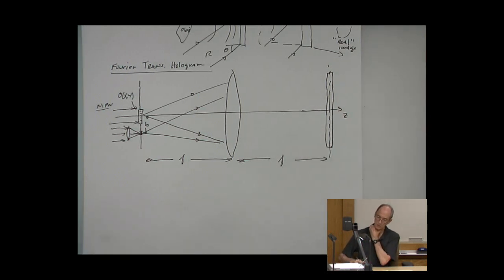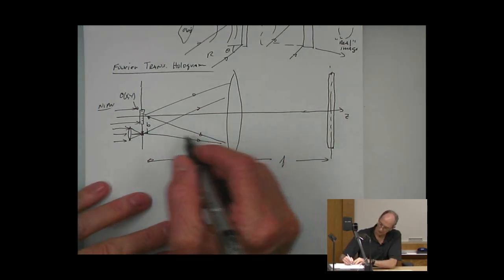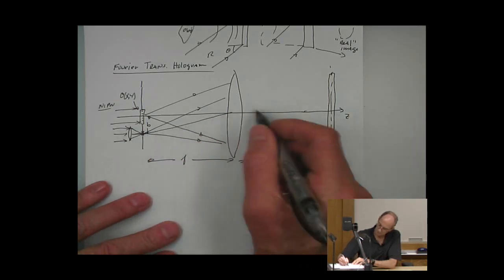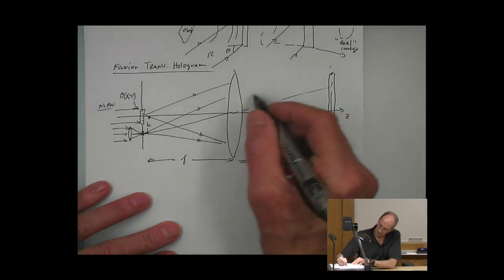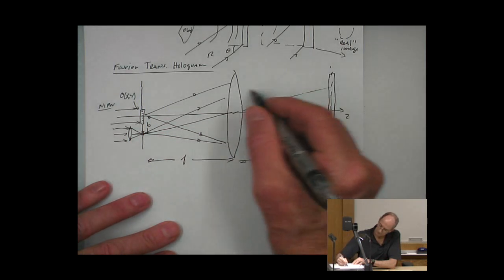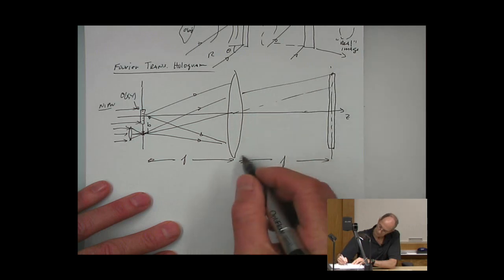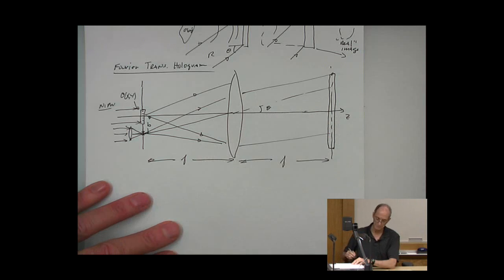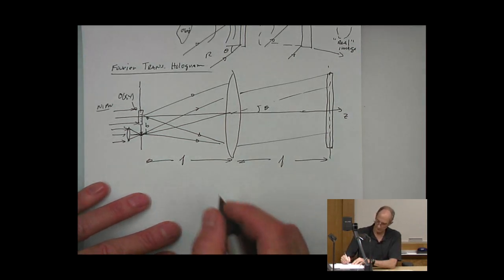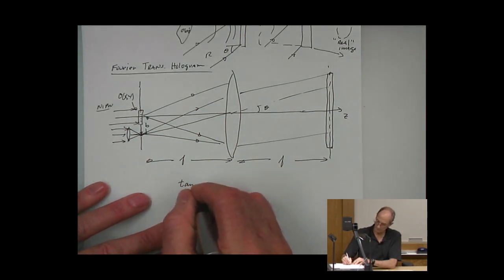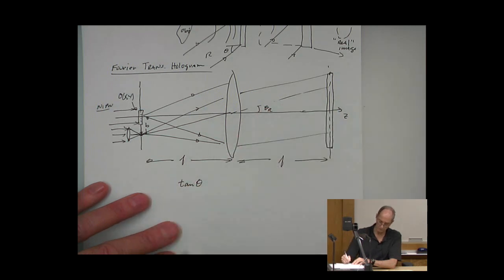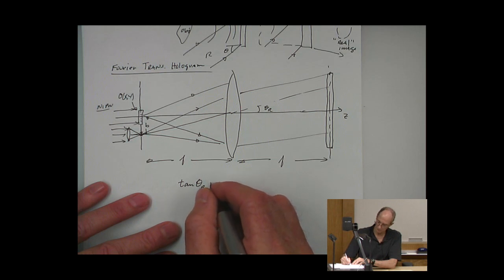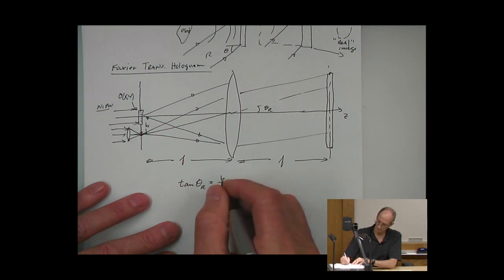All right, and so what we'll end up with then is this plane wave coming off here at an angle theta, and the tangent of that theta for the reference wave, theta r, is going to be equal to b over f, right?